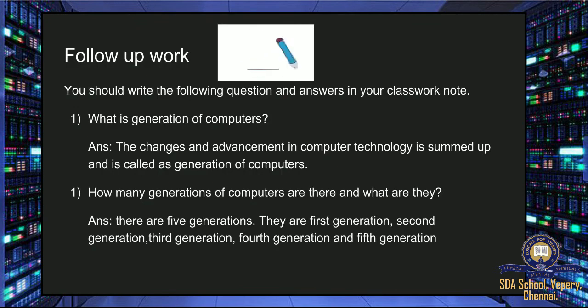Answer, there are 5 generations of computers. They are the first generation, second generation, third generation, fourth generation and the fifth generation of computers. Hope all of you are taking notes of this.